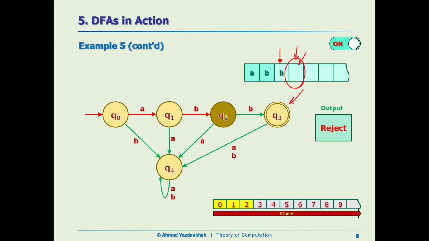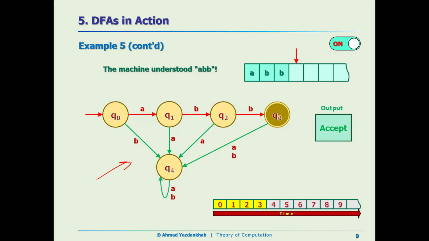That's why we say that, based on this design, the machine accepts this string. So the output will change to accept. In summary, this transition graph accepts the string ABB.